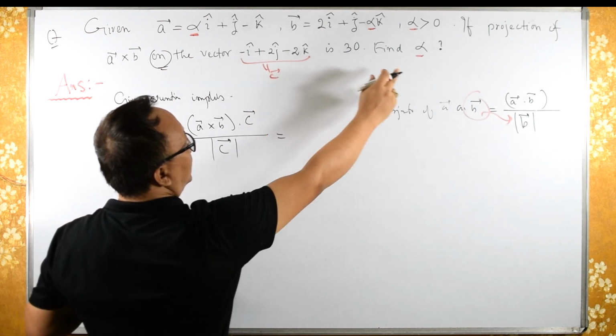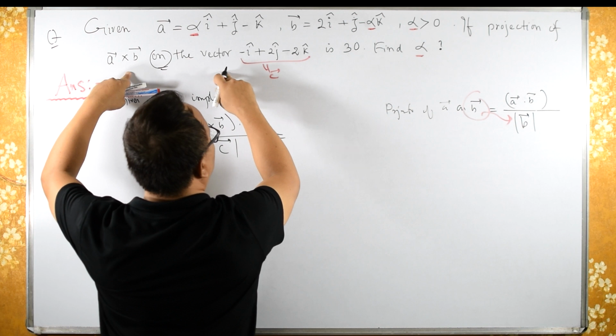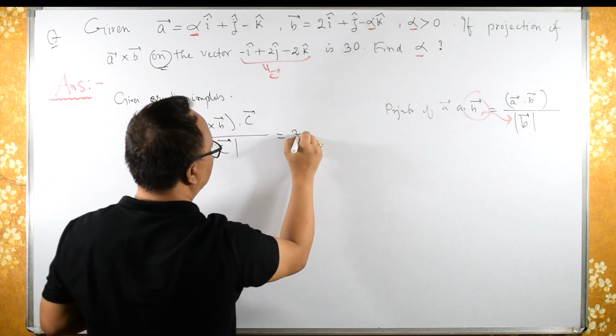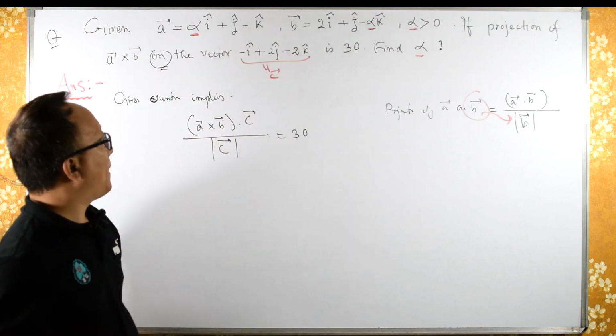It is given that the projection of this a cross b on this vector is 30. So from here we need to find this alpha.